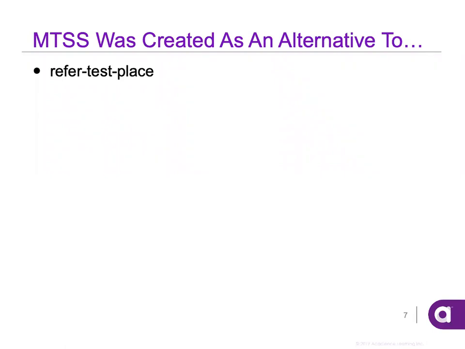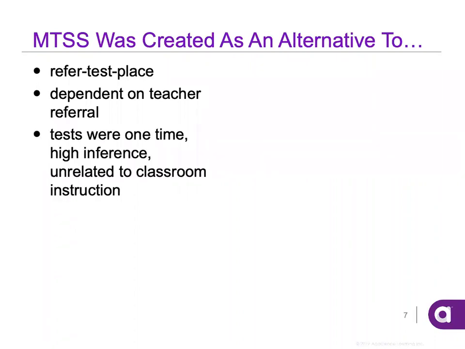This involved an individual teacher having a concern with an individual student, referring to a team like an intervention assistance team that sent the teacher back to try some things. They didn't work. Then a school psychologist was involved in testing, doing an evaluation for special ed, and then the placement happened. Multi-tiered systems of support is a deliberate alternative to that refer, test, place model, and we'll be exploring that a little bit more today.